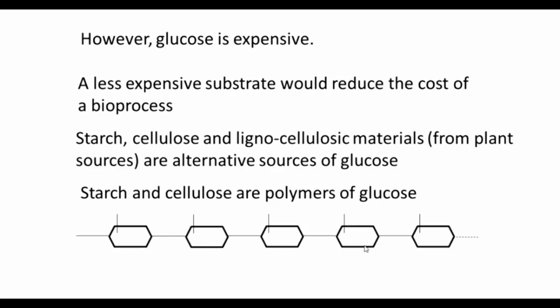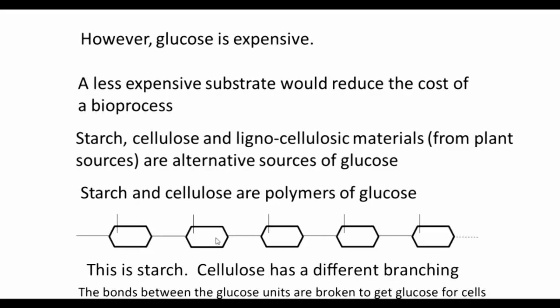And then connected to other glucose molecules this way, this is one form of starch called amylose. So if you break down these bonds from starch, then you can get glucose for the cells to consume. Starch is found in abundance, and therefore it is less expensive than glucose, and therefore starch can be a source of glucose for the cells.